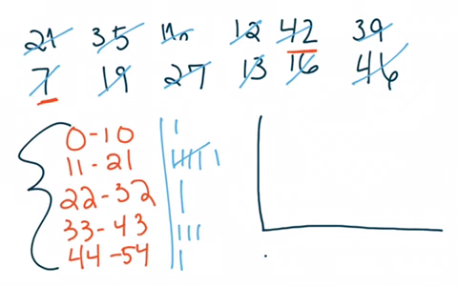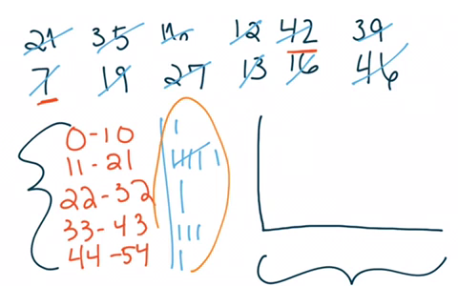My frequency comes from my table, from these numbers. So I have 1, 1, 1, 3, and 6. Since these numbers are so small, I would just go by 1s. So we would have 0 here. Then we have 1, 2, 3, 4, 5, 6.